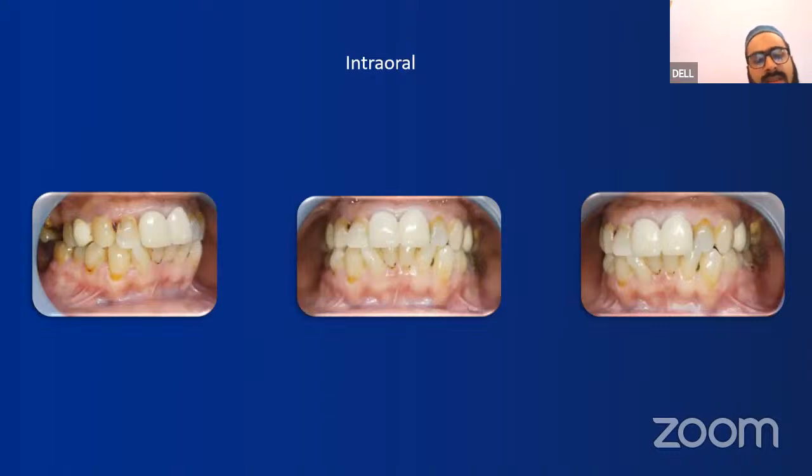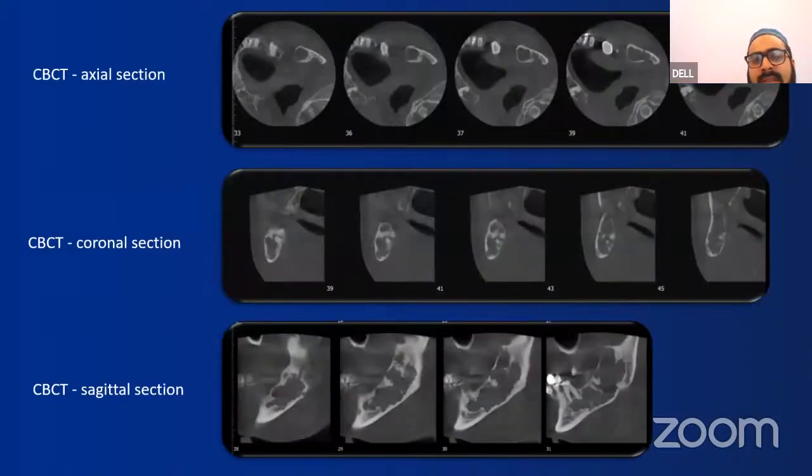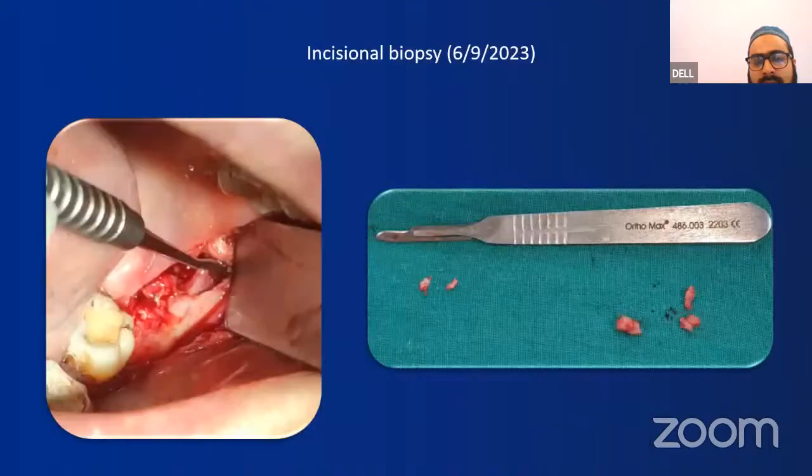The patient didn't have any nerve paresthesia or bony crepitus, and there was some mobility and some pain on pressing the third molar tooth. These were the CBCT sections showing the hollowing of the mandible in all three sections. The good thing was the condyle was intact, and we planned an incisional biopsy intraorally, which was done in September last year.